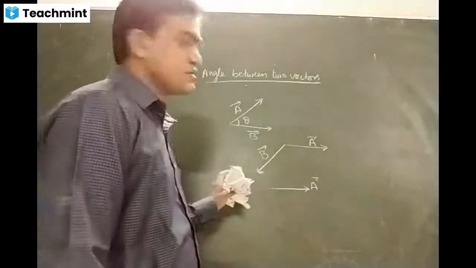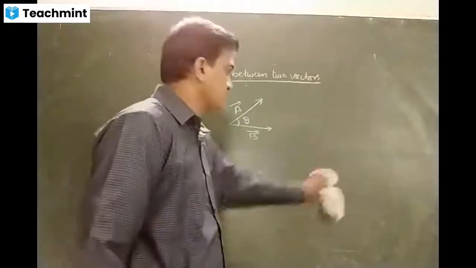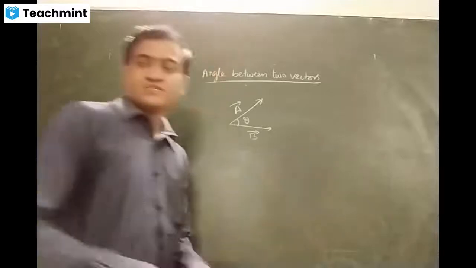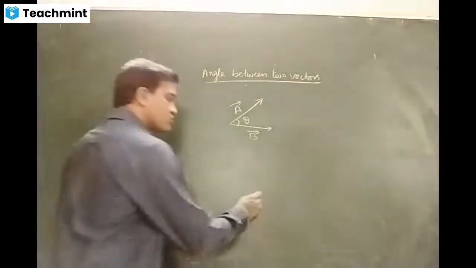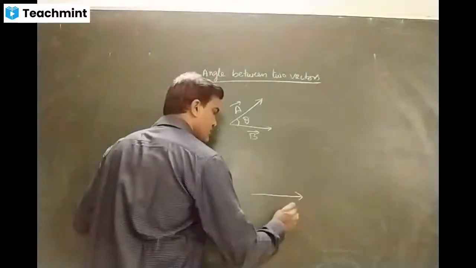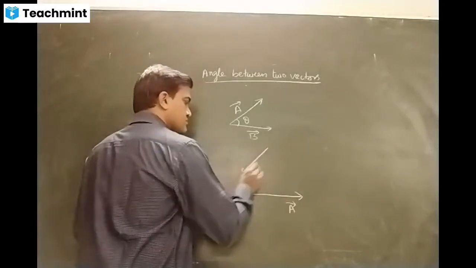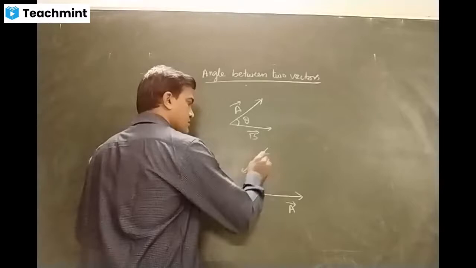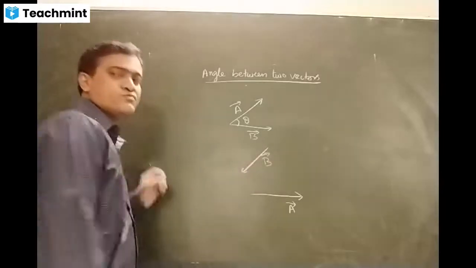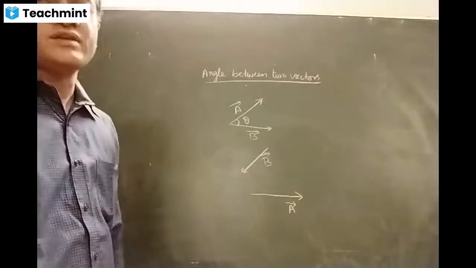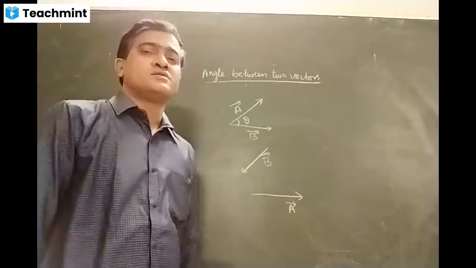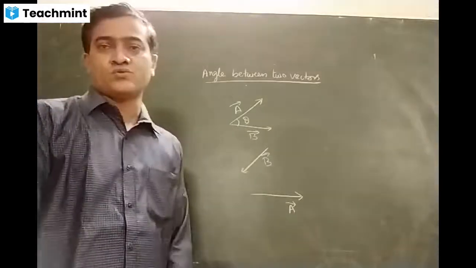So fine, let me do one thing. Let me erase this. Now once again, let me show you A bar and let me consider this as B bar. Now if I want to measure the angle between A bar and B bar, the angle must be acute.